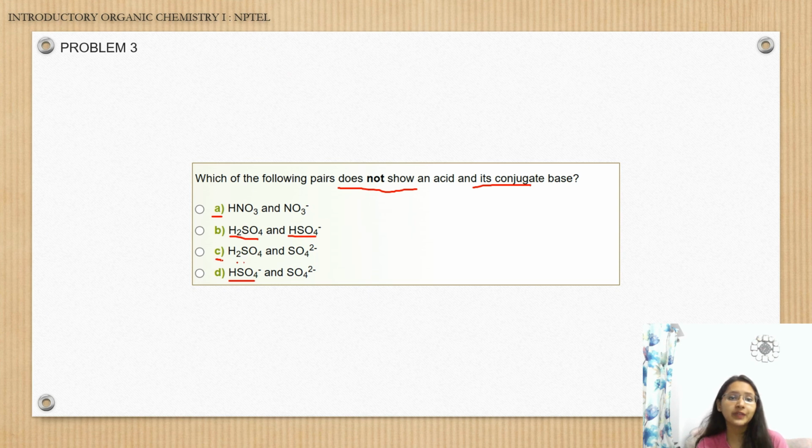So here option C is not matching the definition of an acid and its conjugate base, so the correct option will be option number C, because it is not showing an acid and its conjugate base pair. Fine. Is it clear to all of you?